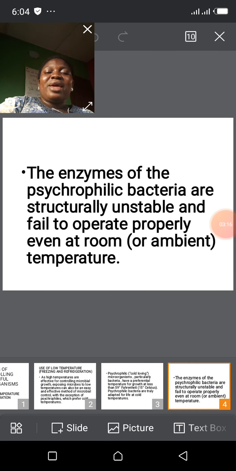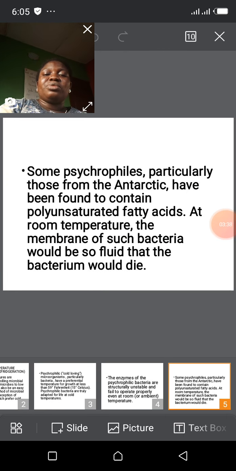Now, why? Because these psychrophilic microorganisms are unstable even at room temperature, and they fail to operate properly at room temperature. That is why this kind of microorganism loves a cold environment, because the lower temperature is conducive for their growth and supports their optimum reproduction.